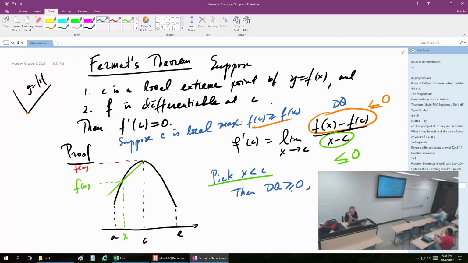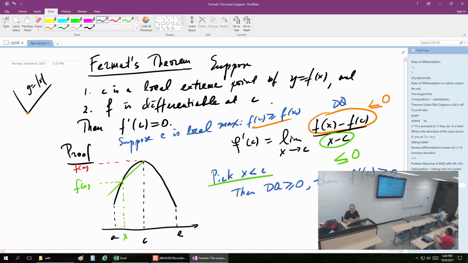And so what's the limit? Which is the derivative. What can you say about the derivative? The function is positive. What about its limit? It will also be positive, right?